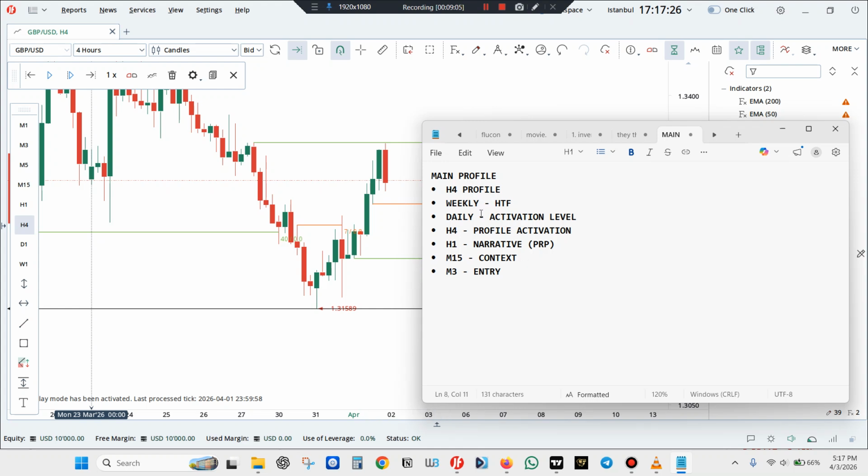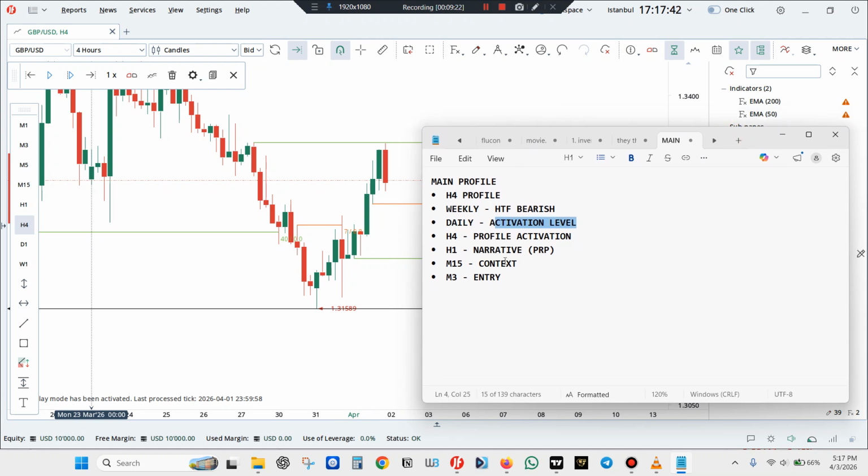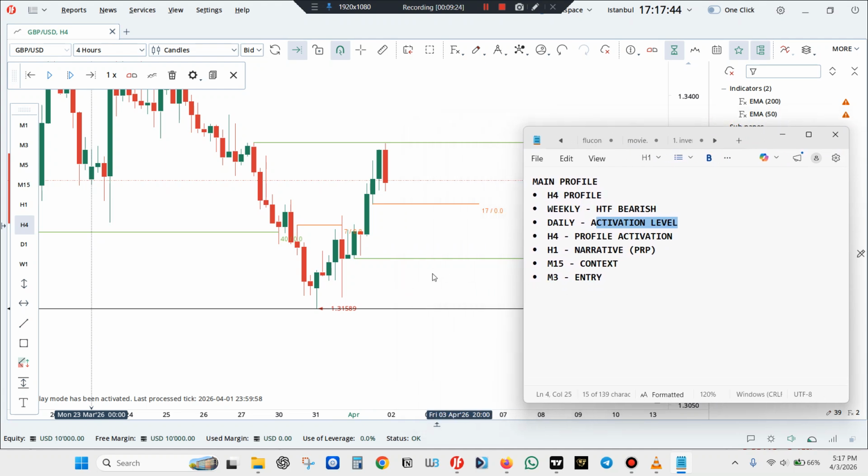So for our main profile, we have the weekly as our highest time frame, which we've done. Our weekly bias is bearish. And then we mark our daily activation level, which in this chart, as you can see, we've marked and labeled green. So this green line represents our daily activation level. What is the next thing that we're expecting?